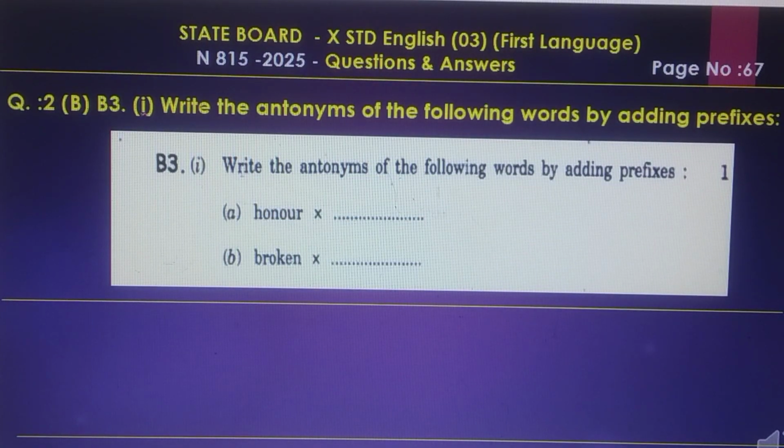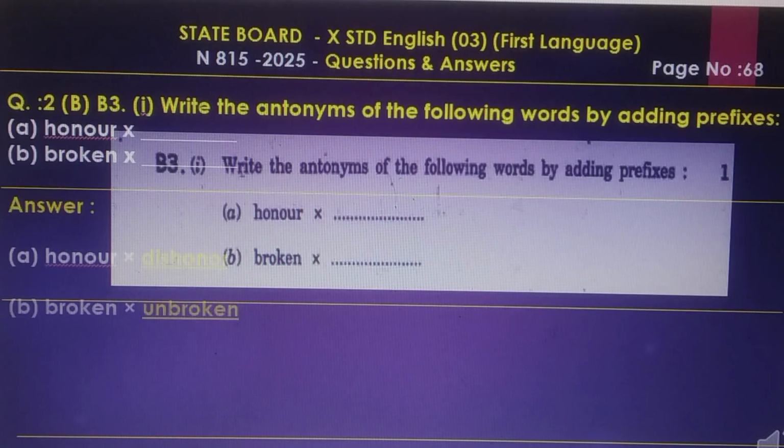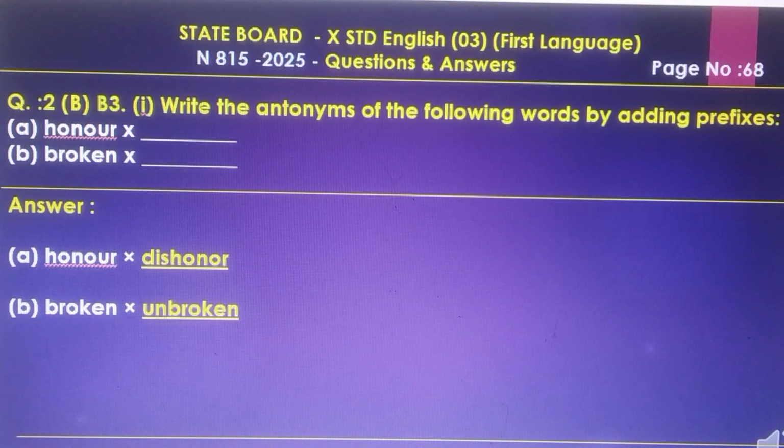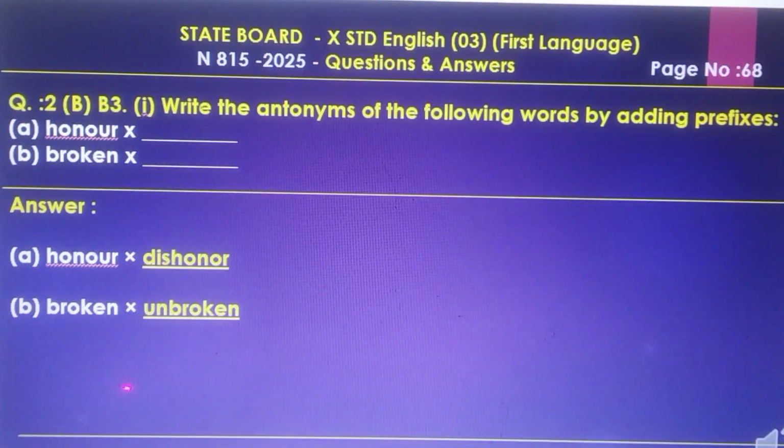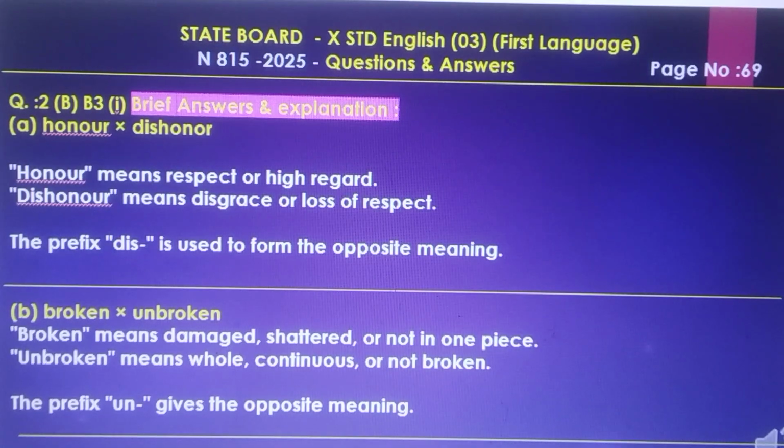Write the antonyms. Question number 2B3. Write the antonyms of the following words by adding a prefix: honor and broken. The answer is: honor is dishonor and broken is unbroken. Brief explanation: honor means respect or high regard.